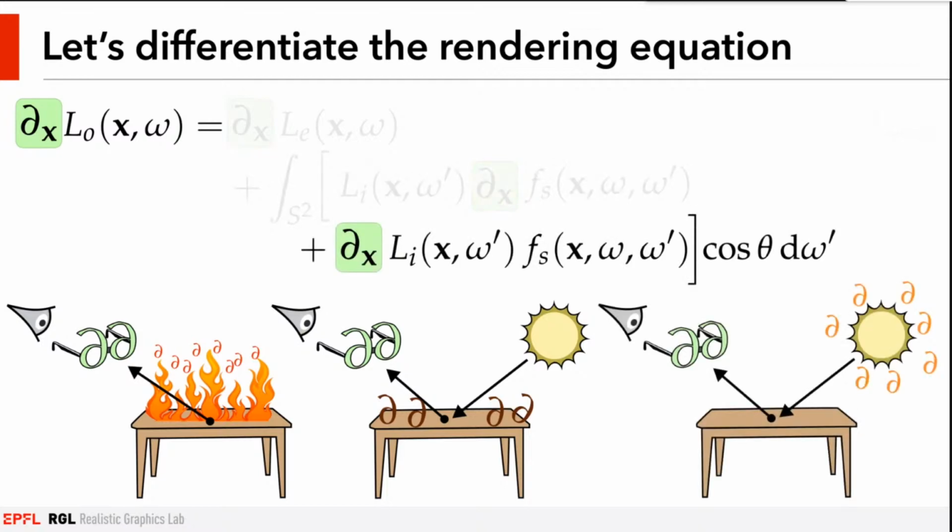And then the last part is the derivative of incident illumination multiplied by the material. And what this is saying is that when this derivative light arrives from somewhere else, then it bounces off the table and it follows all of the same laws of physical light transport. So it behaves just like normal light.